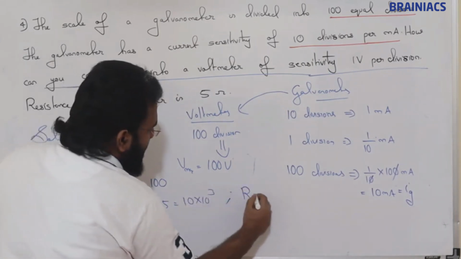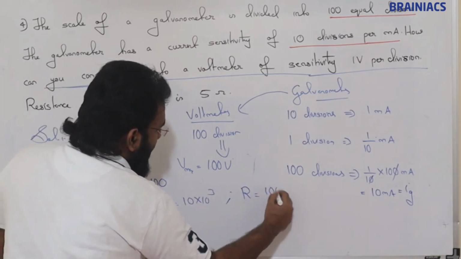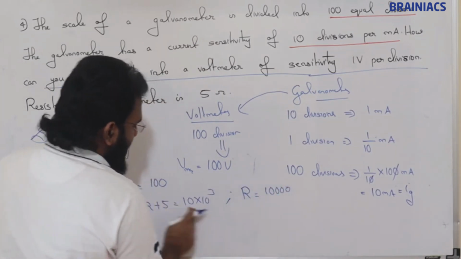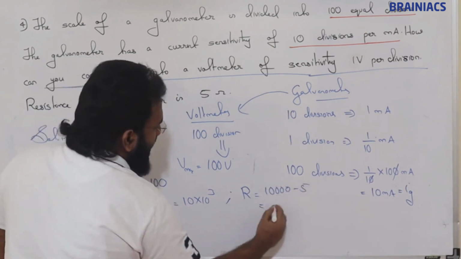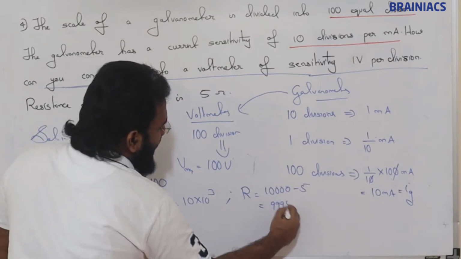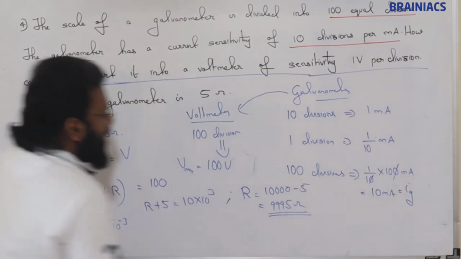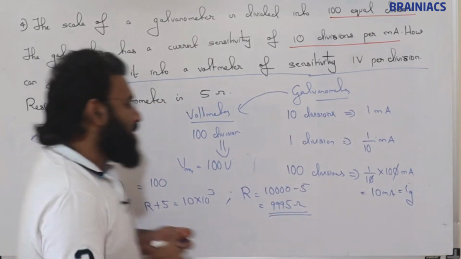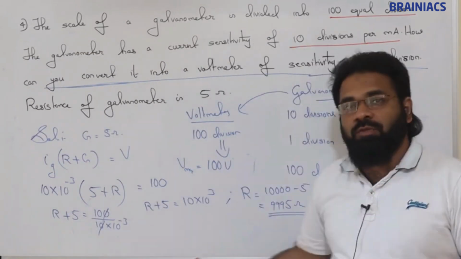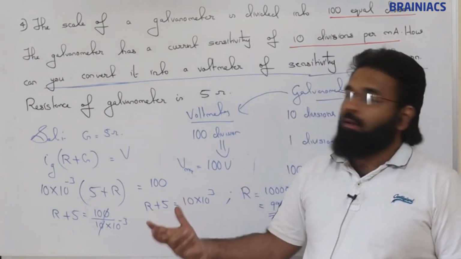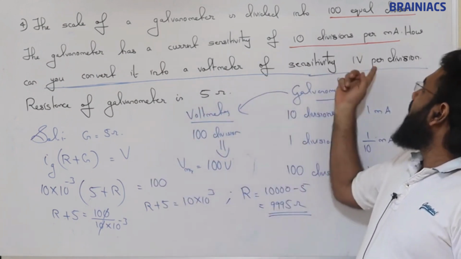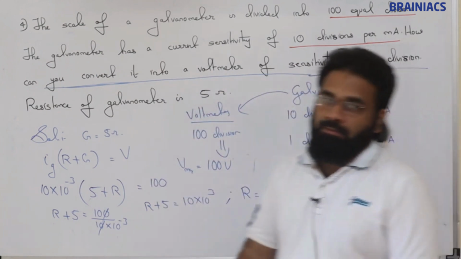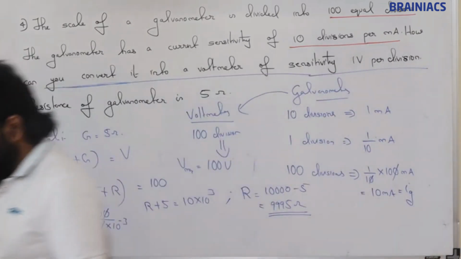So the resistance R is nothing but 10,000 minus 5, which is 9995 ohm. Such a large amount of resistance we need to connect in series in order to convert it into a voltmeter which can measure a maximum of 100 volt.